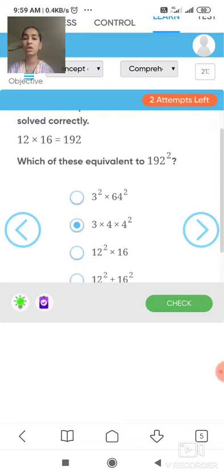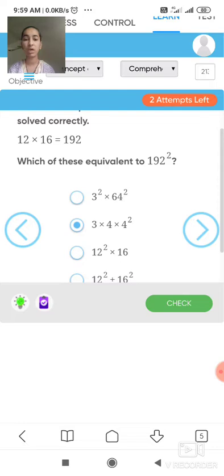We have to select the correct option, that means the equivalent one. Equivalent means the answers of both are the same. If you verify that, you will get 3 fours are 12, 4 squared is 16, that means 12 multiplied by 16 is 192.